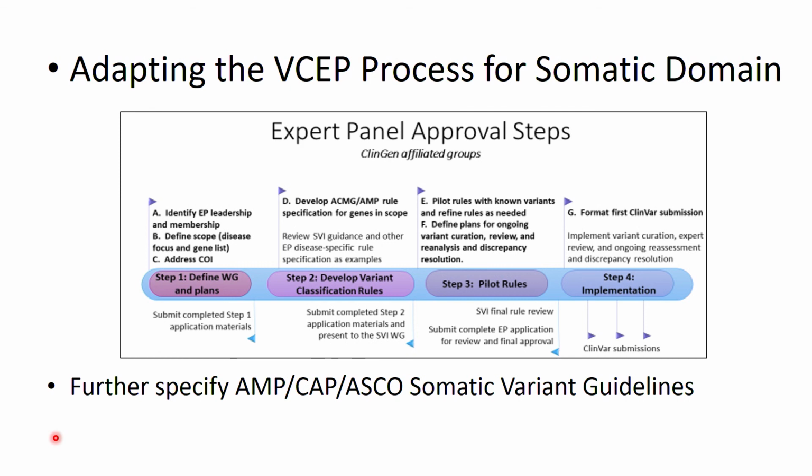You pilot and test your rules on a list of test variants, and you summarize all that in an application that has to be approved within ClinGen, within appropriate bodies in ClinGen. So we are working on adapting this VCEP process for the somatic domain and for our first expert panel within the Pediatric Task Force.